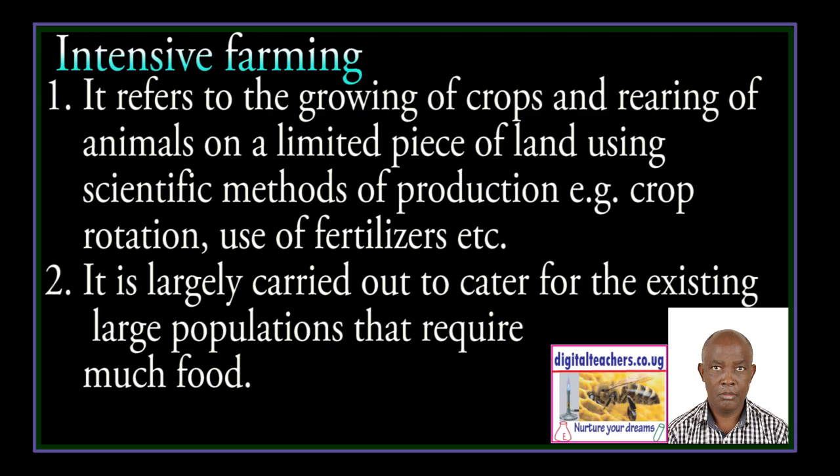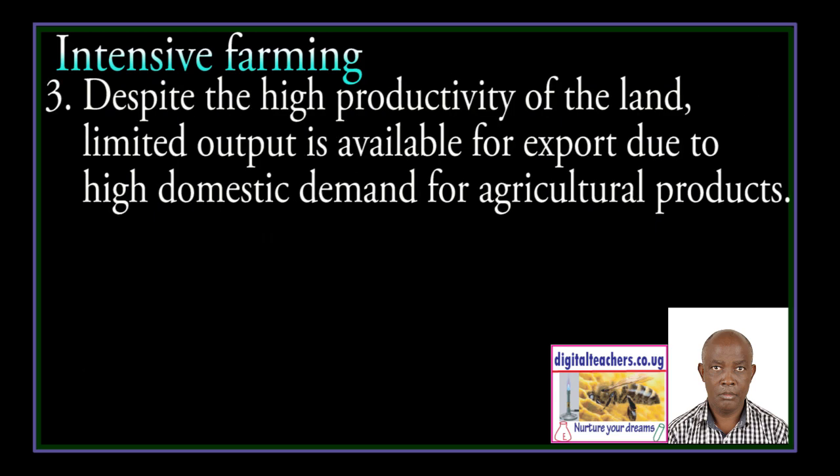It is largely carried out to cater for existing large populations that require much food. Despite the high productivity of land, limited output is available for export due to high domestic demand for agricultural products.